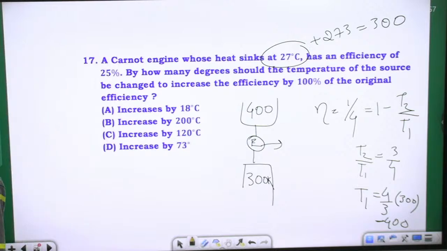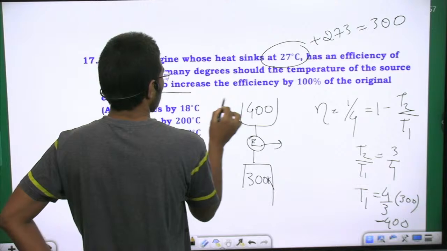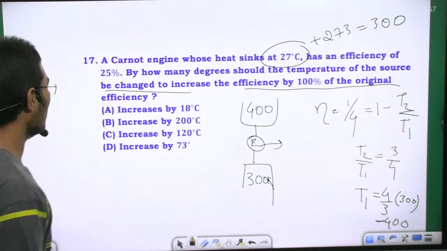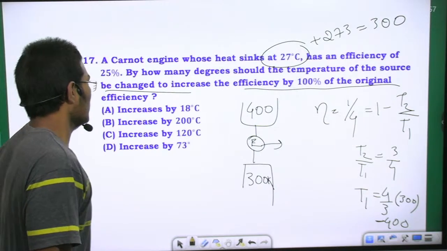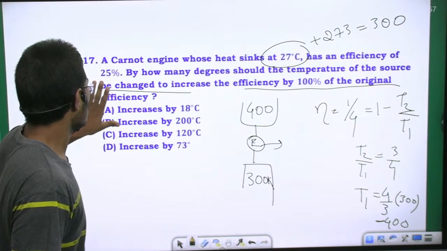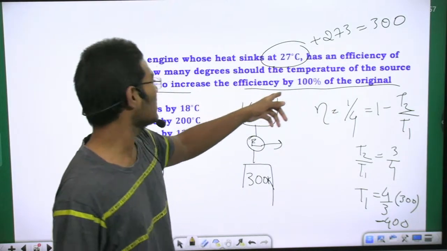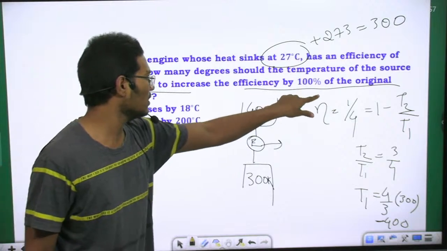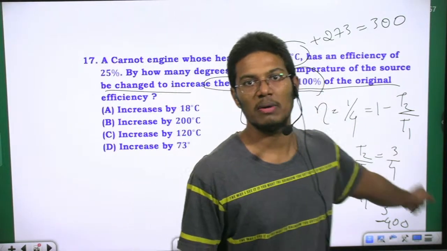By how many degrees should the temperature of the source be changed to increase the efficiency by 100% of its original? So what do you mean by increasing the efficiency by 100%?